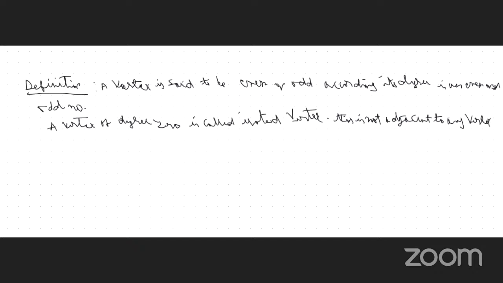A vertex is called pendant if and only if it has degree 1.